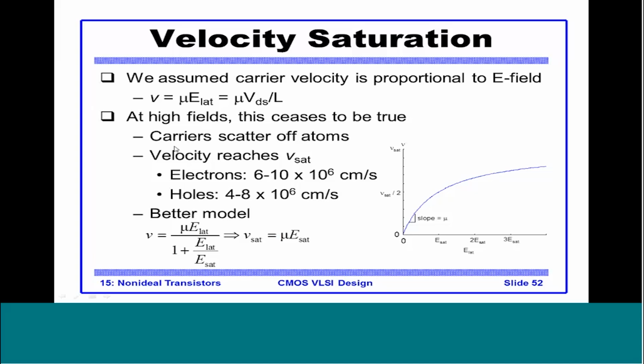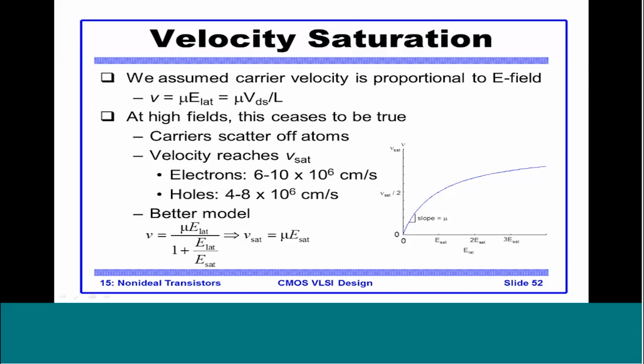Why? Because at high electric fields the carriers will scatter off atoms and velocity will reach a value which is called V-saturation. The saturated velocity Vsat is mentioned here for electrons and for holes. You see that the electrons are faster than holes.